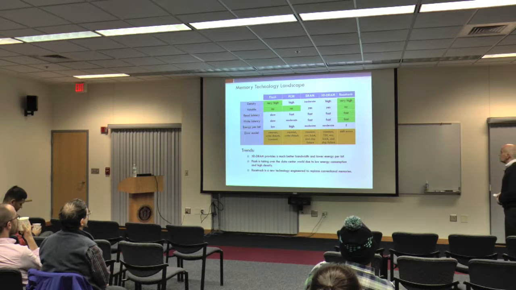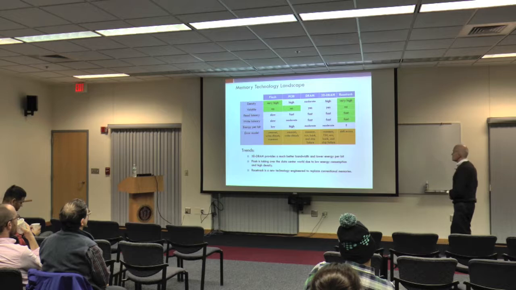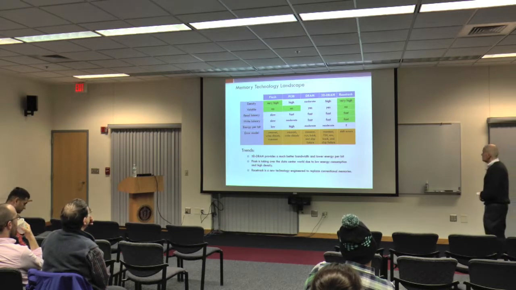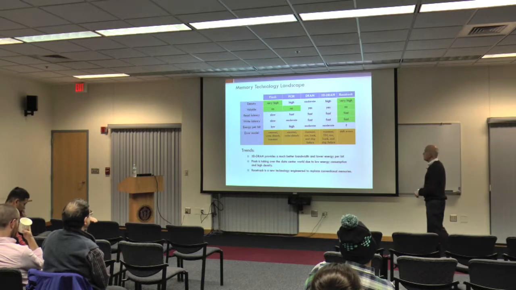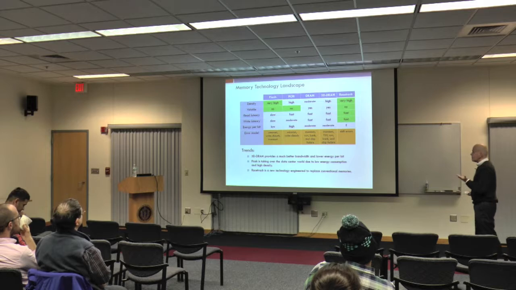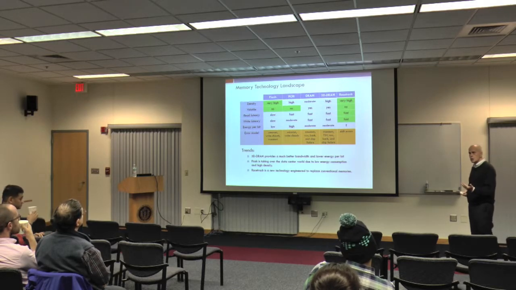So here, I've tried to give you the characteristics of the different memory technologies: Flash, PCM, DRAM, 3D DRAM, and Racetrack. I've picked out recording density, and whether they're volatile or not. Volatile means that if you take away the charge, do they still continue to retain information?